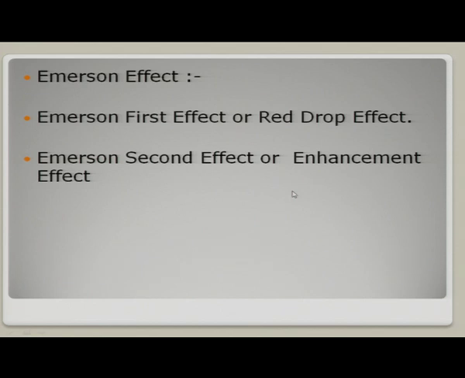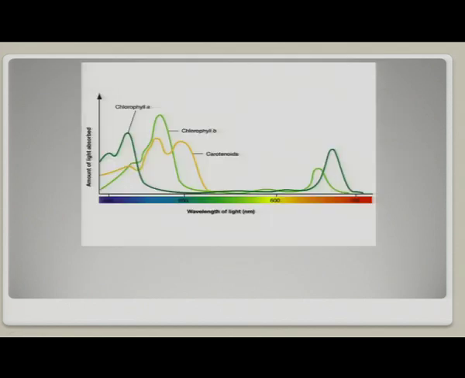What is this effect? From this diagram we have already discussed the particular pigments like chlorophyll A, chlorophyll B and carotenoids, which receive particular wavelengths of light.